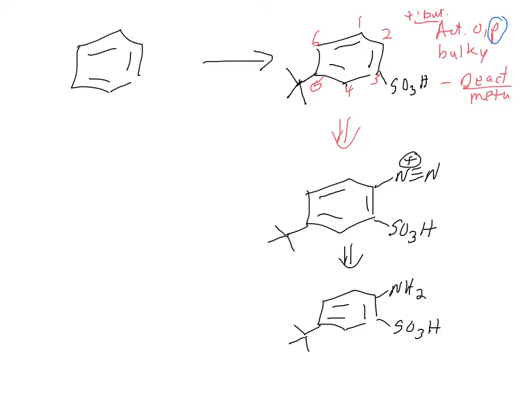Now the question is, generally speaking, what do you think you should put on last? What should be the last kind of thing you put on, an activator or deactivators? You put the deactivators on last. So if I'm working backwards, which group should I take off then? Yeah, so 3, good.